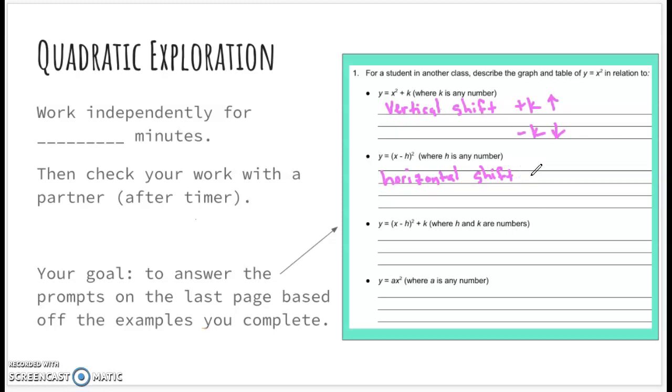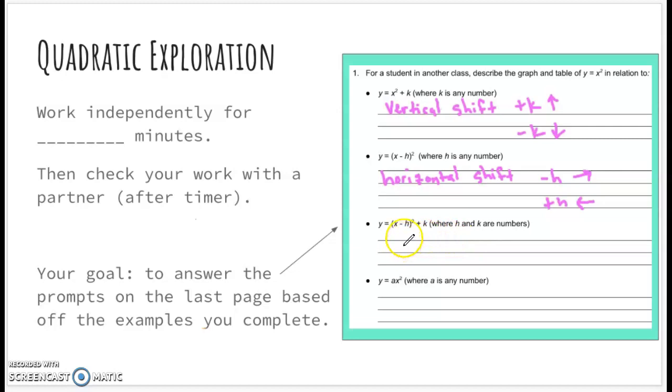If you subtracted a number h, if you have a minus h inside there, then you actually moved in a positive direction. But if you had a plus h inside your parentheses, you moved to the left, in a negative direction. Next you've got y equals x minus h squared plus k, where h and k are just any number.